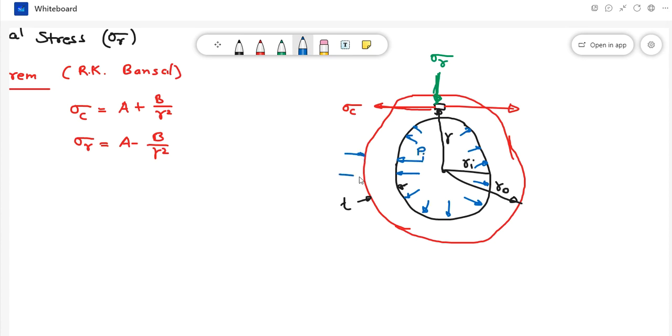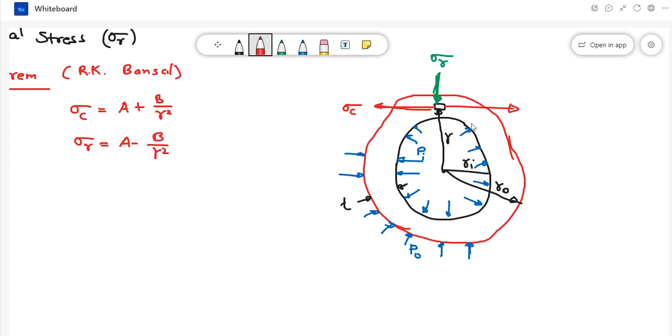In a similar way, at the outside, everywhere you have some outer pressure, and that is P naught. It will be everywhere. I'm not going to draw it. So it is P outer.